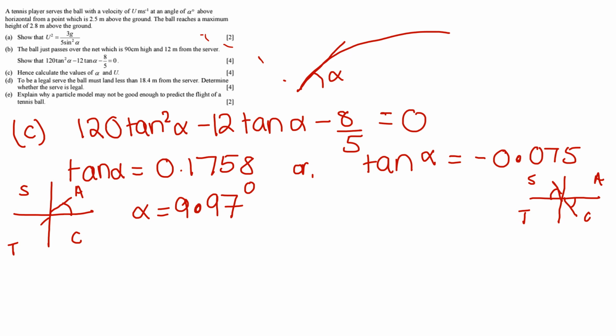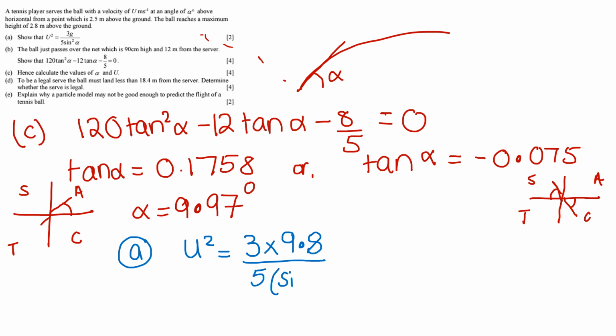Right, so we've got that, and then for u, we're just going to use part A. So part A, we showed earlier that u squared equals 3g, so that's 3 times 9.8, over 5 times sine of 9.97 degrees, all squared. Right, popping that in my machine.